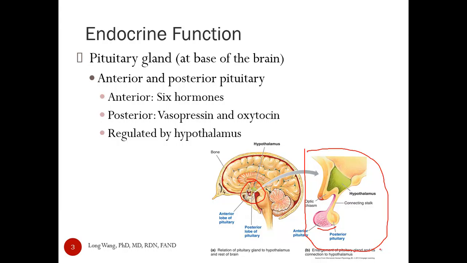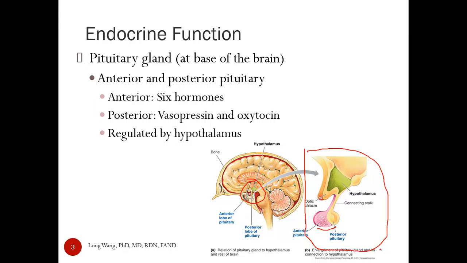The anterior pituitary gland is responsible for the secretion of 6 different hormones, whereas the posterior pituitary gland is responsible for the secretion of vasopressin and oxytocin. Vasopressin, another term for this hormone, is ADH, antidiuretic hormone. So that's the one implicated in the fluid balance in our system.